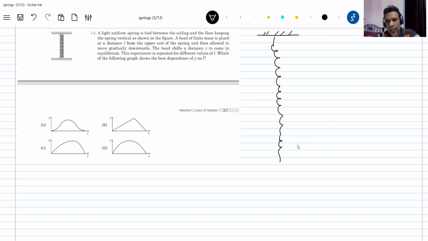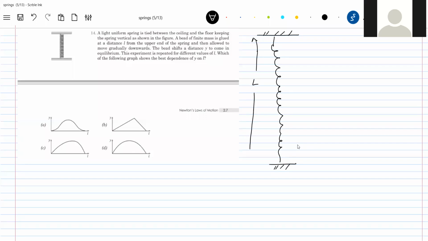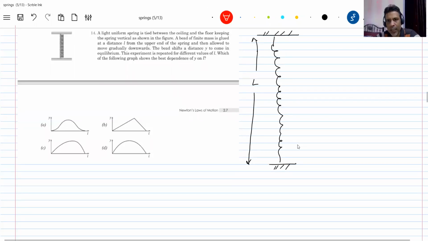Okay, this is the spring. Natural length of the spring, how much it is, that is L. This is a length. So now I'll take a bead. I'll bring it here.